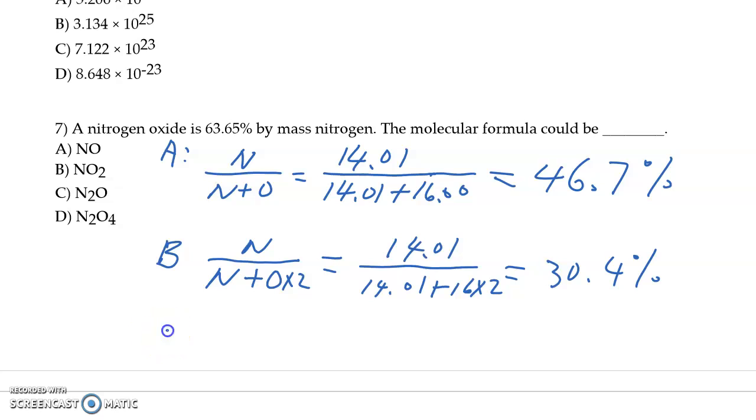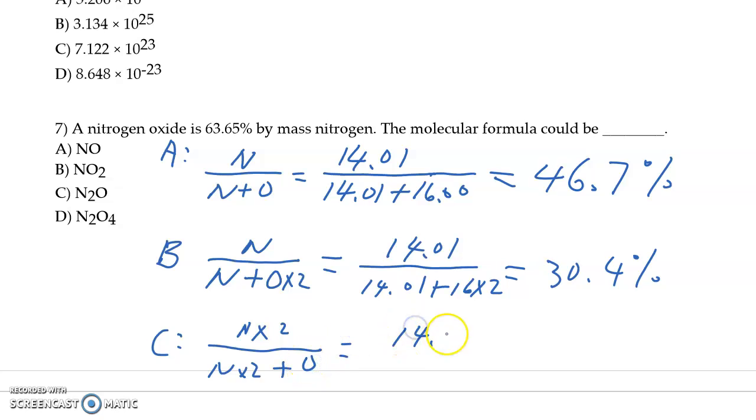Okay, let's try C and see what we get. Well, I have 2 nitrogen atoms in this molecule, so nitrogen times 2 divided by nitrogen times 2 plus the oxygen.